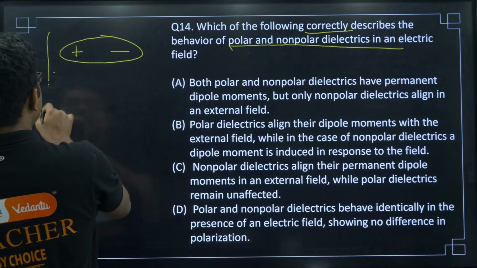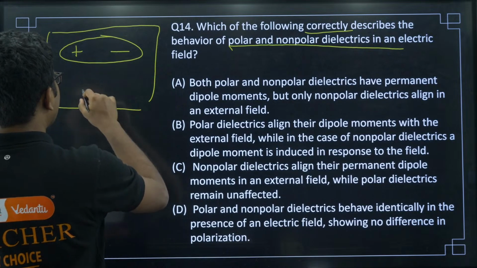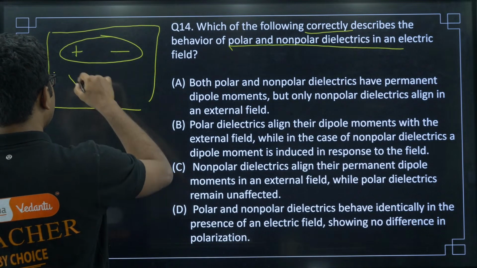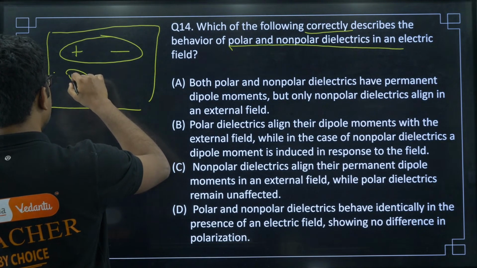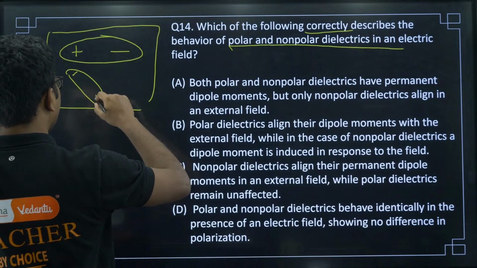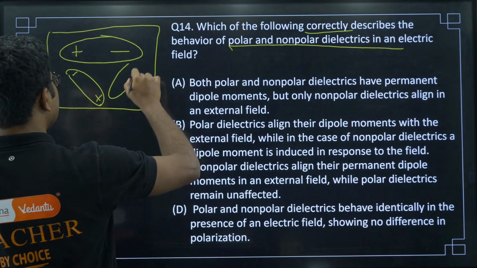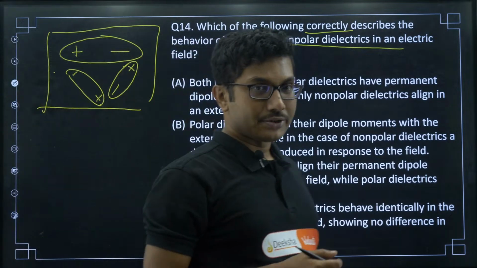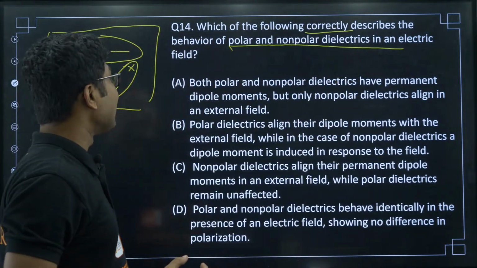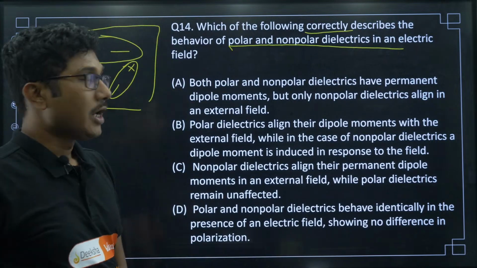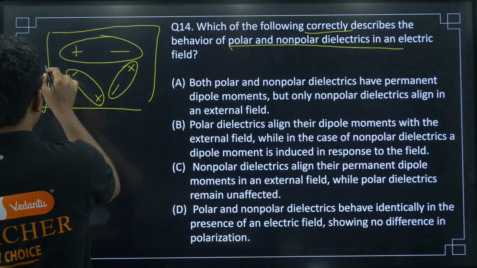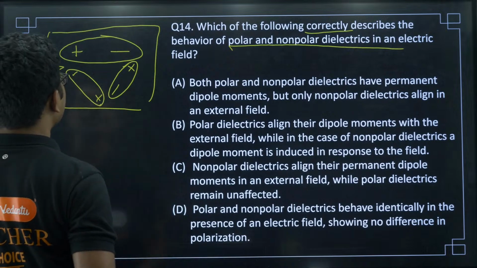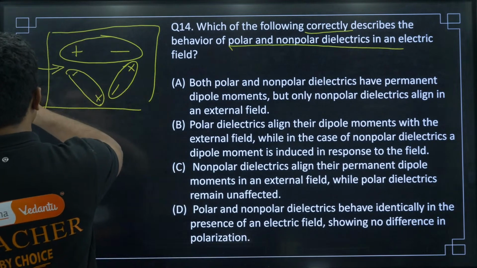But when you consider a material, they are randomly distributed, such that the total dipole moment is 0. They are randomly oriented, but the total dipole moment of the system is 0, though there is a dipole moment of the molecules.